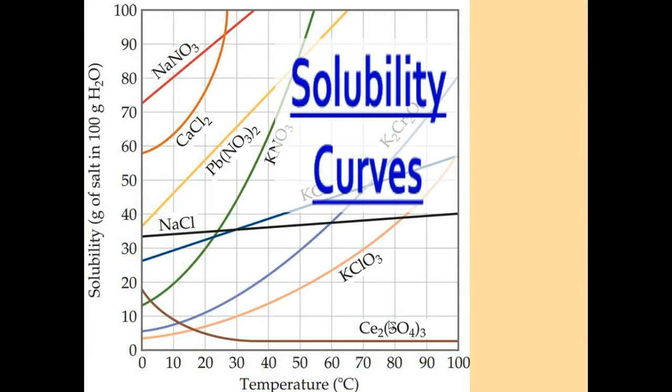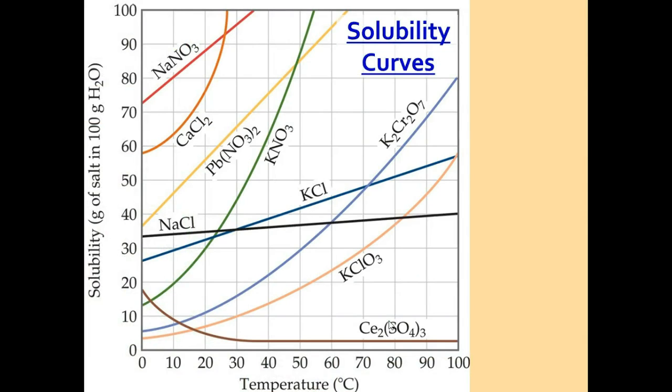And here we have solubility curves. So here are some pictures of some curves, and they sort of look like phase diagrams because they have temperature on the bottom, and it's a graph. You can think of it as a coordinate plane.